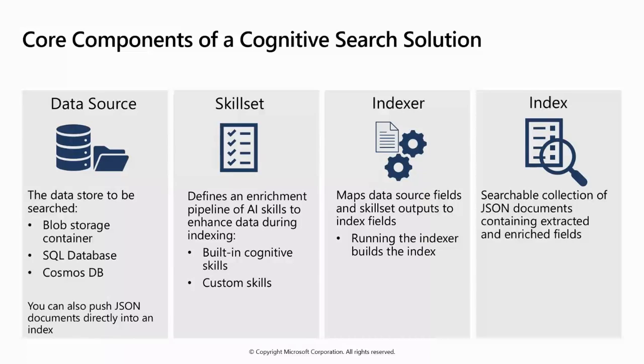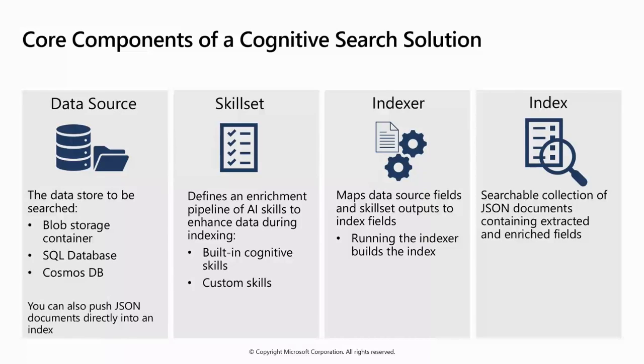Now, while a simple search solution that indexes data values collected straight from the data sources can be effective, modern application users' expectations have created a desire for more insight into the data. So, as part of the indexing process in Azure Cognitive Search, we can use artificial intelligence skills in order to enrich the source data with new information that can be mapped to index fields.